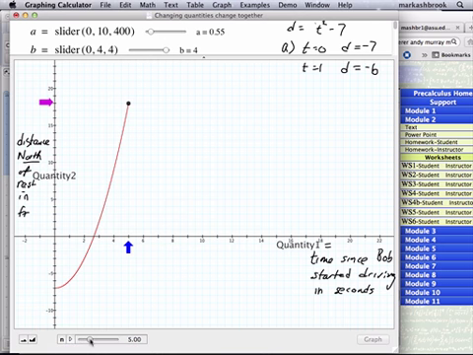And then we're really thinking about a dynamic situation here, going from t equals 3 to t equals 5. That's what part B is talking about. When time changes from 3 to 5, there's a corresponding change in distance.